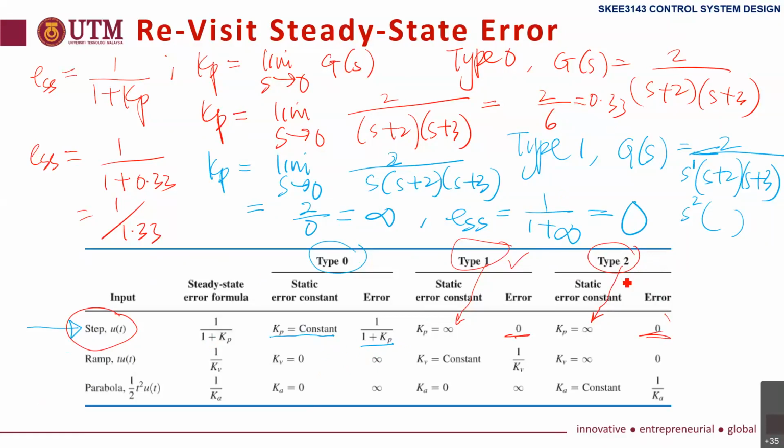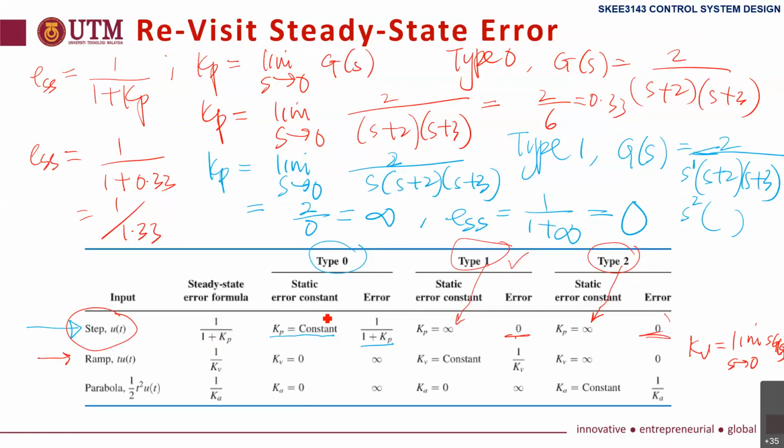Similarly, if you use the same procedure for RAM input, KV is limit S to 0, SGS. Okay, there is an S here. For KP, no S. SGS, that means this S needs to be cancelled.